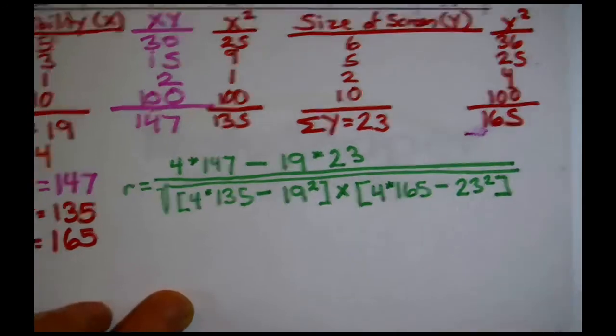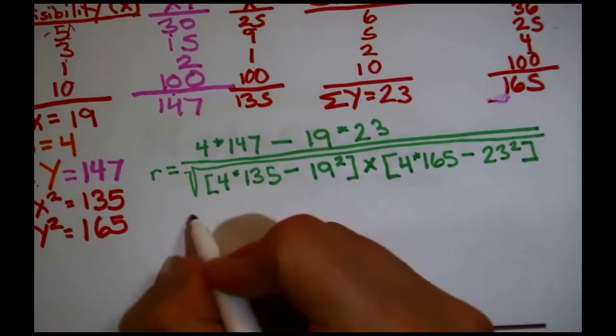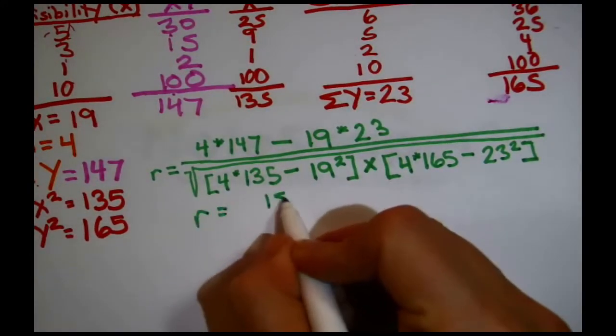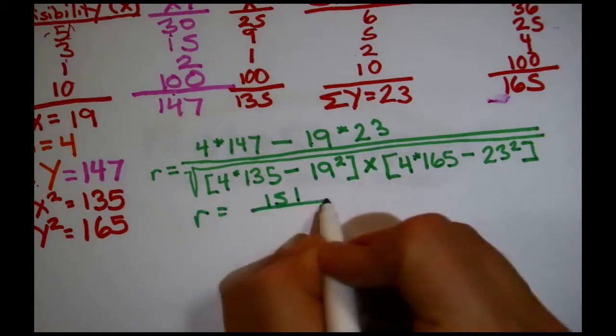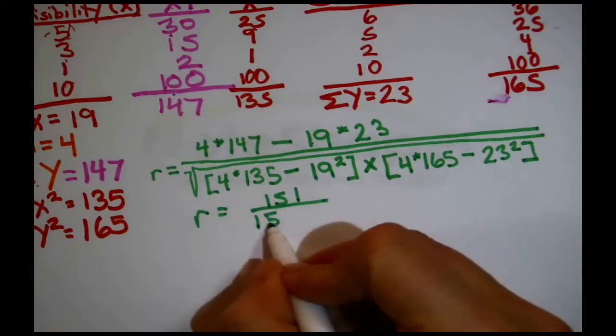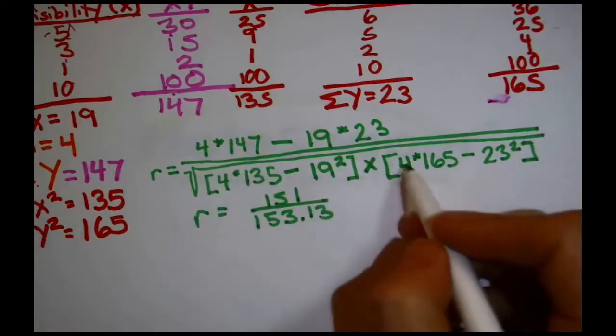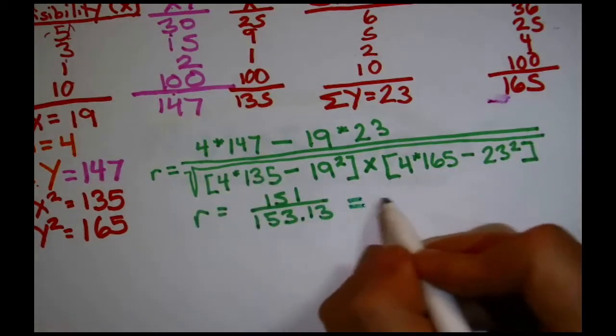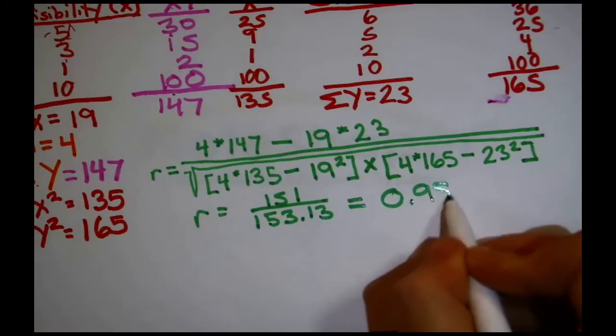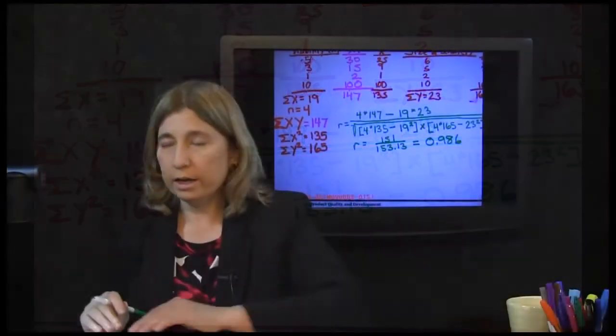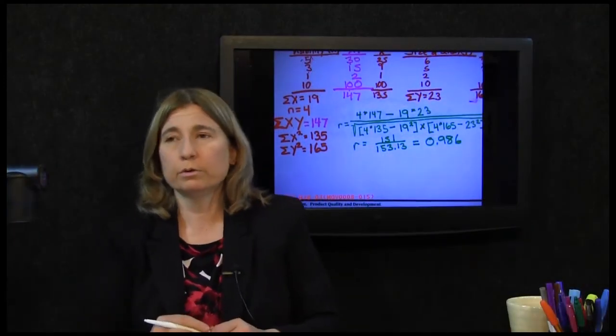Oh, all right, now I did that. You can check me on this. I get the numerator reduces to 151, the denominator to about 153.13. Remember, you have to take the square root of all that once you have found it, so that the whole thing boils down to 0.986. Phew.